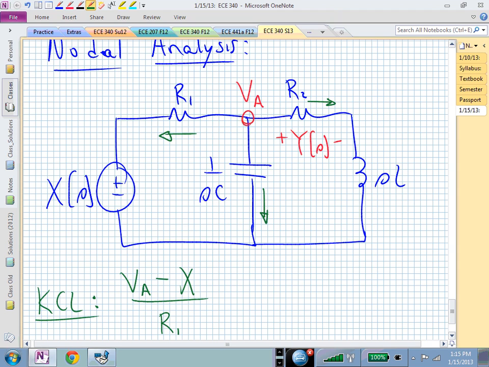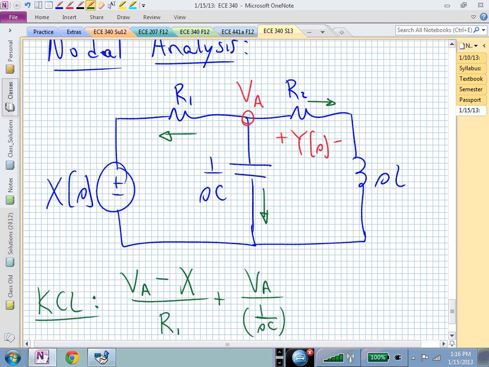The current going down from V sub A to the reference node, what's that? V sub A divided by the impedance in that branch, and that impedance is 1 over SC. So it's plus V sub A over 1 over SC. That SC is going to pop upstairs, but right now that's the way I'm viewing it.